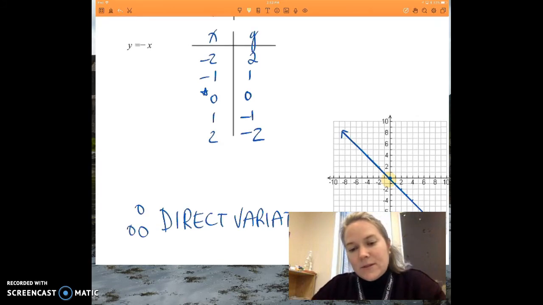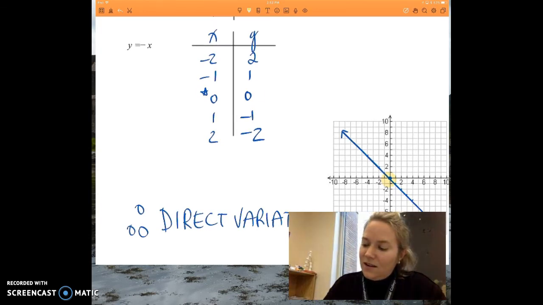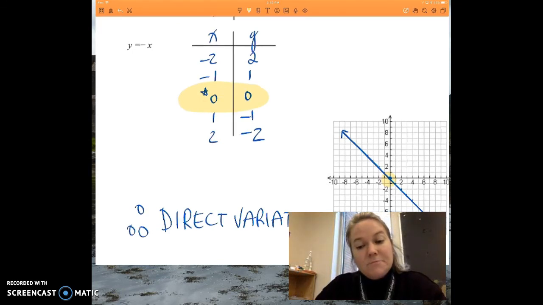It goes right through 0, 0, right through the origin. So because of the graph, I can tell. If I'm looking at the table of values, how can I tell? There's a point 0, 0 on the table of values. Okay, that's pretty easy. And then what am I looking for on the equation?